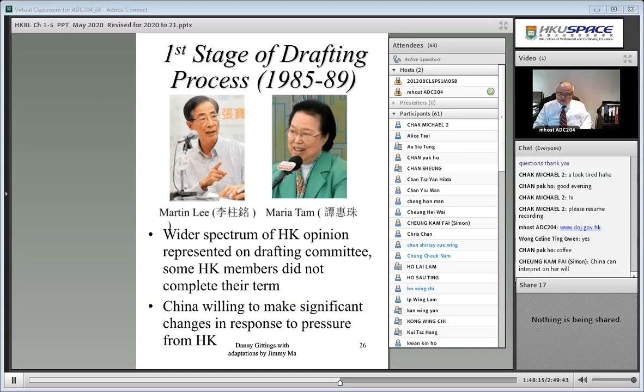But Martin Lee did not finish his work, because he and Szeto Wah resigned after June 4th. Maria Tam stayed on, and she is, of course, now the vice or deputy chair of the Hong Kong Basic Law Drafting Committee.